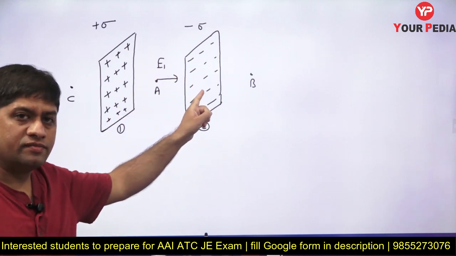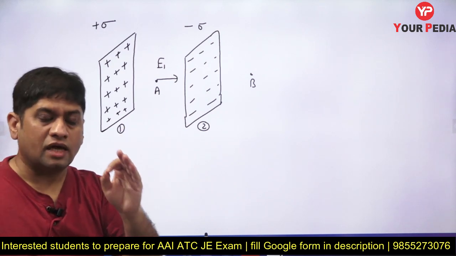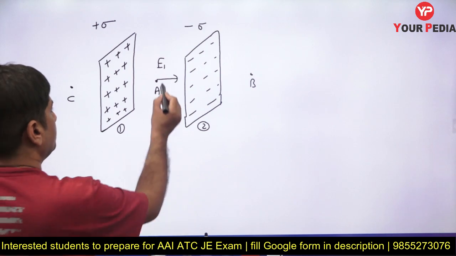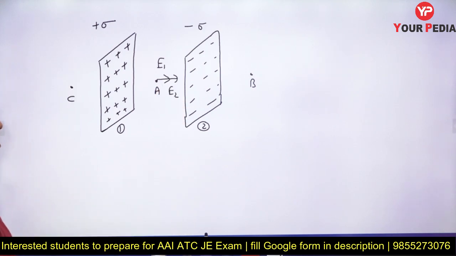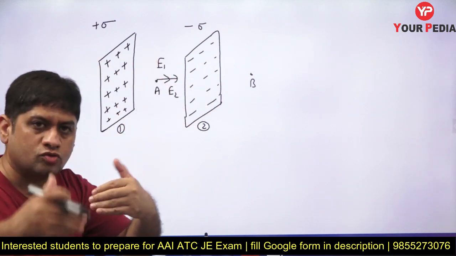Here the charge is negative. Because of the negative sheet, the electric field acting at point A because of this second sheet will also be in this direction. Why? Because this is positive, electric field is away from it. This is negative, electric field is towards it.